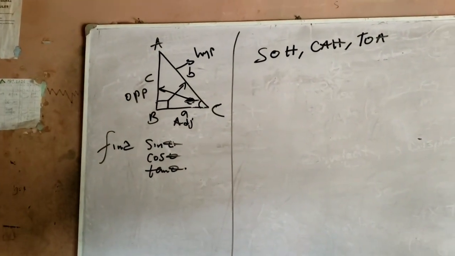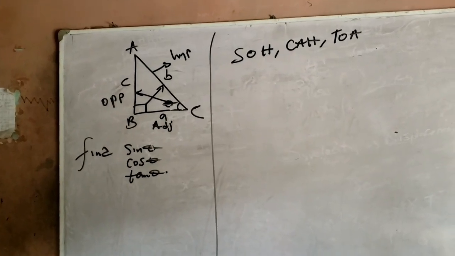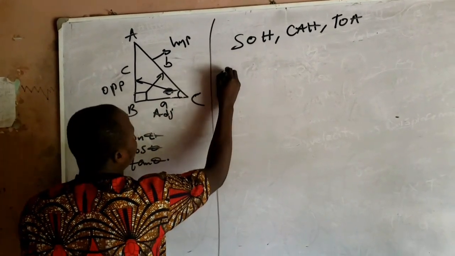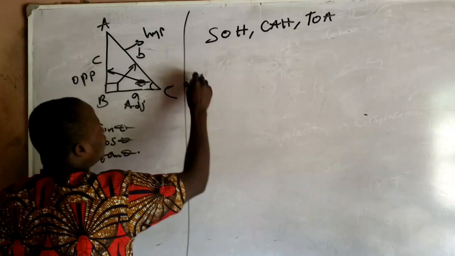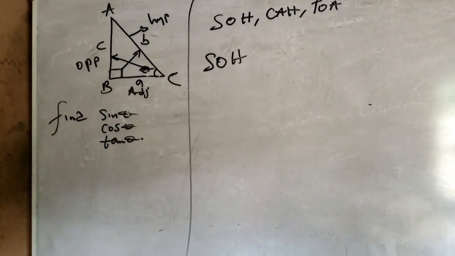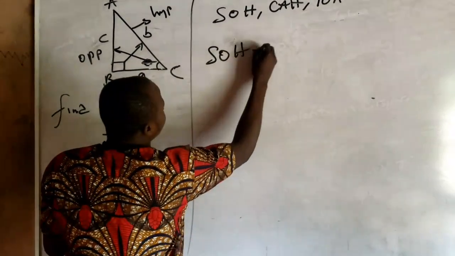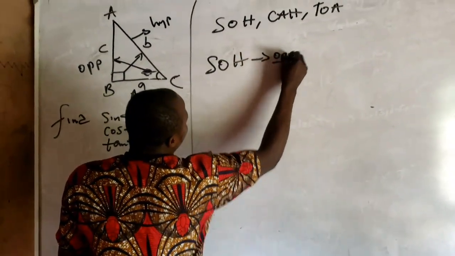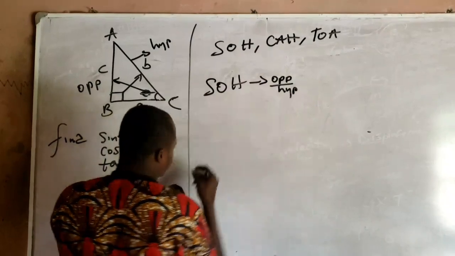Now, see what we are going to do. Very simple. Let's talk about the trick. The trick is SOH CAH TOA. When we are dealing with SOH, we are talking about opposite over hypotenuse.